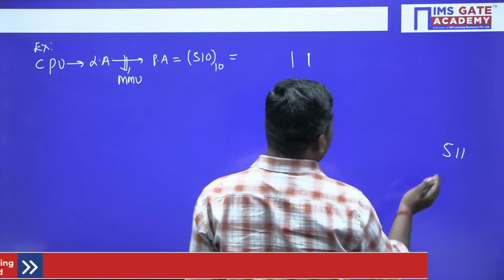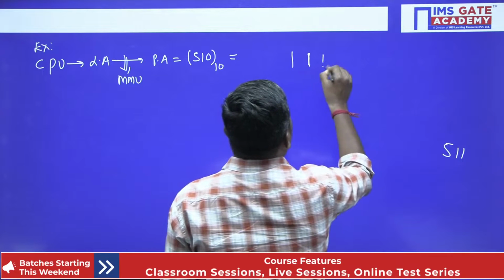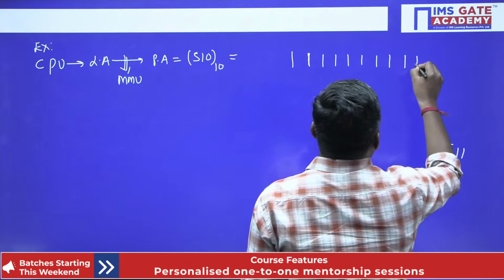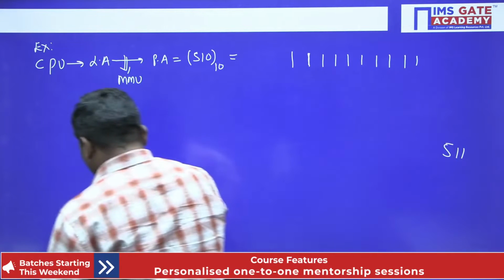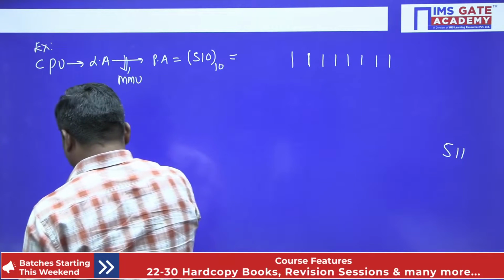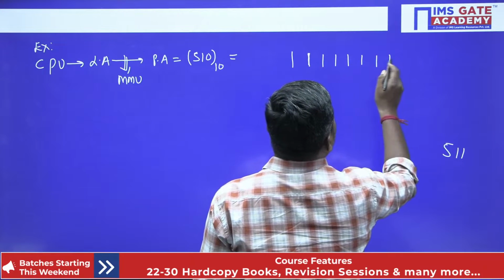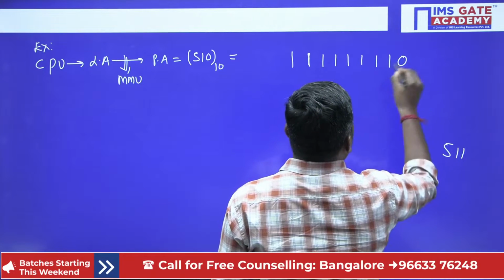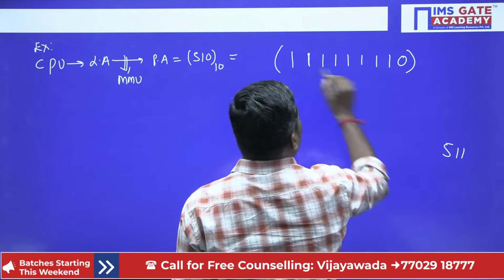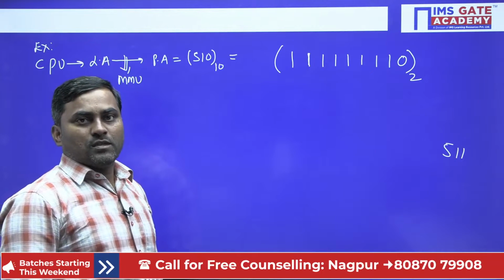So 9 bits only are required. This is the 9-bit address that came. I hope you understand this point clearly.